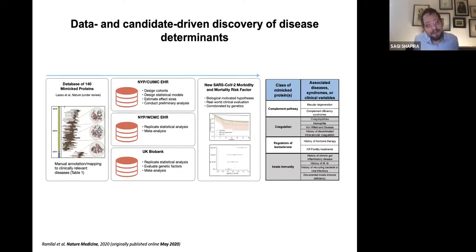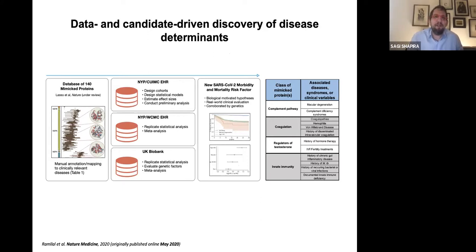So we decided to take an approach which is, as I started saying, the whole premise of this work: to allow the biology to guide discovery of key cellular or physiological factors that drive disease.